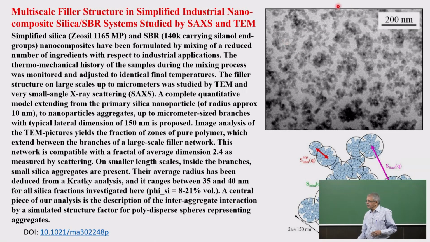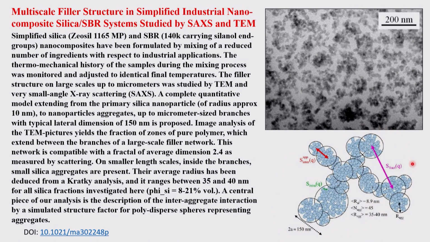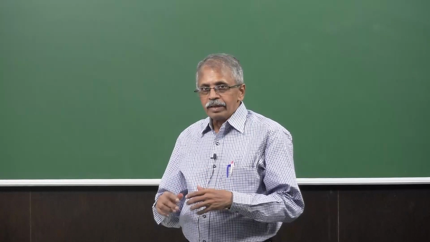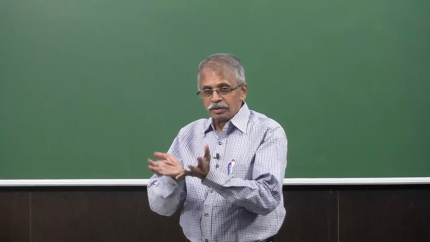So you have the TEM, and this particular thing is not the SAXS, but from the SAXS this structure is being derived, and this structure has a correlation with what kind of structures you have. So you see some of these things will be reminiscent of these ones. Therefore, small angle X-ray scattering has helped in modeling the structure for this particular cluster.